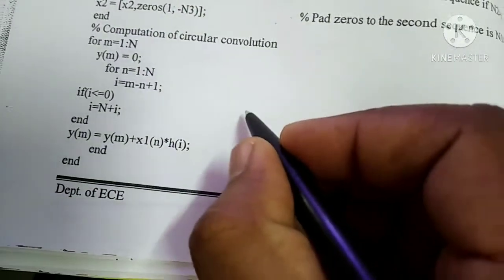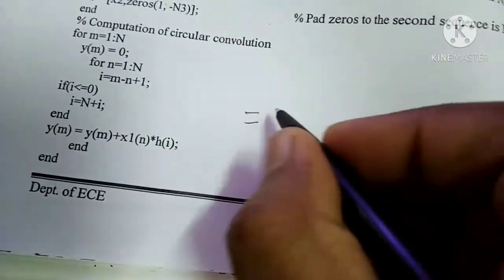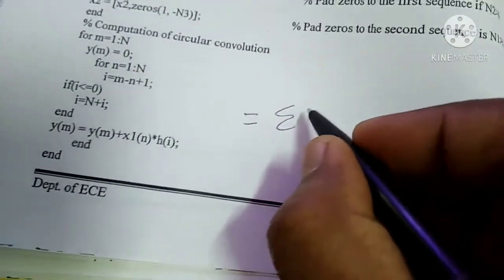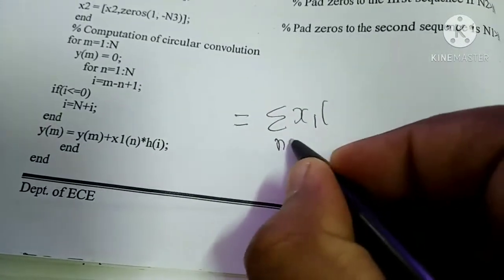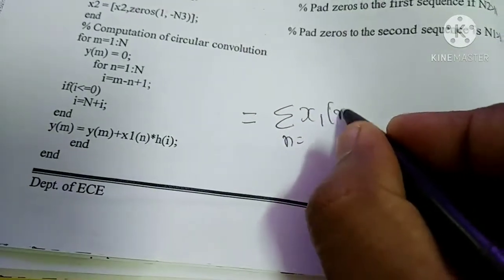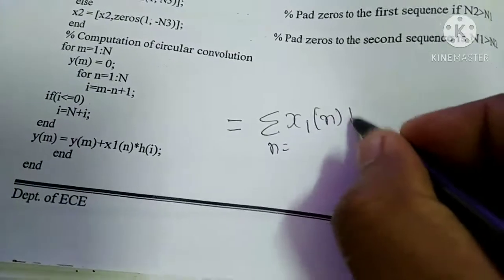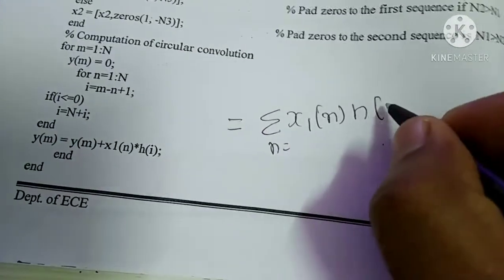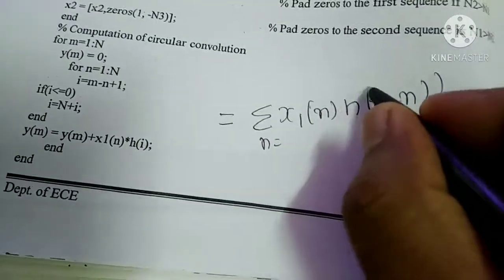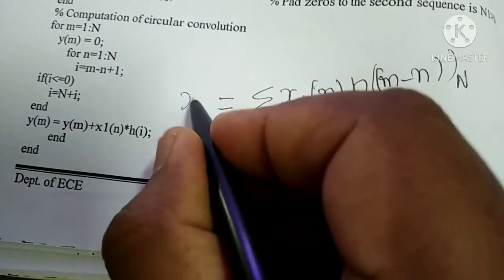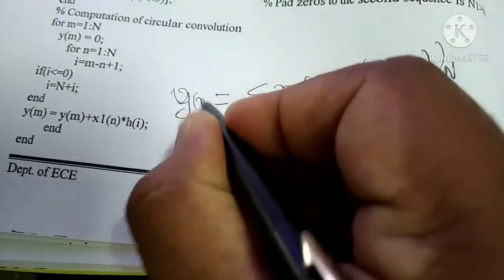So we know the formula for summation, that is summation, then we have our x1 of n, if I take here as n, so x1 of n into h of (n minus m) modulo n. So this is your y of m.